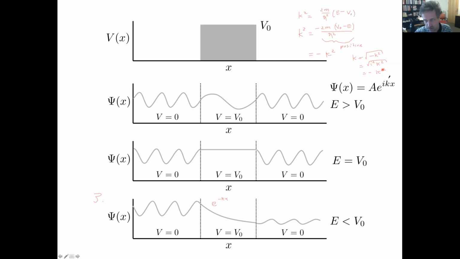And so, if I have this condition in the barrier, the wave function is defined as a constant times e to the i k x. But now k is complex, so that becomes e to the minus kappa x. And that's the function right here.